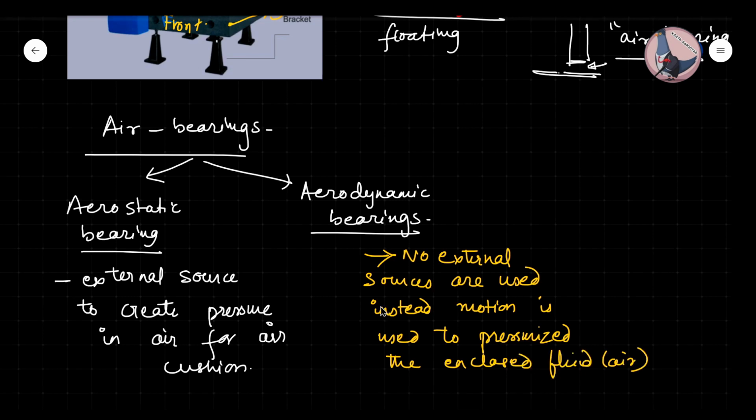I guess you must have read in machine design about bearings, where there are hydrodynamic, hydrostatic, different types of bearings. On very similar lines, these air bearings are also defined as aerostatic bearings and aerodynamic bearings. There is no such difference in it.